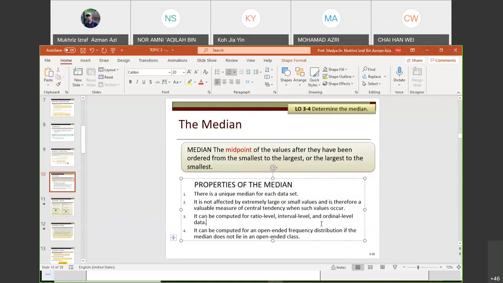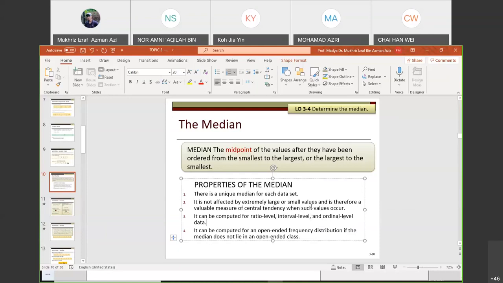If you recall, ordinal is the second type of data. You can arrange according to the value, for example, puas hati, sangat tidak puas hati, or amat berpuas hati, or fair, good, very good. Those kinds of data are ordinal, so you can arrange according to ranking.